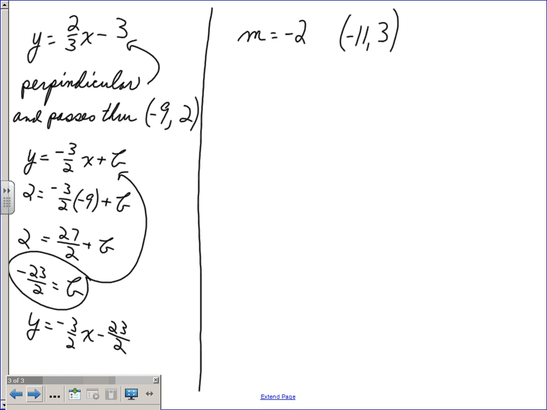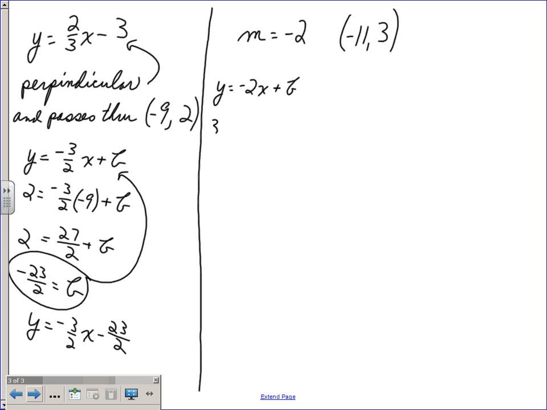Given a slope and a point, find the equation of a line. We've done that the last 2 or 3 days, and I think you guys remember. It's fairly easy. Using the slope-intercept form, y equals negative 2x plus b, all we have to do is find b. It's kind of the same thing we did for parallel and perpendicular lines.